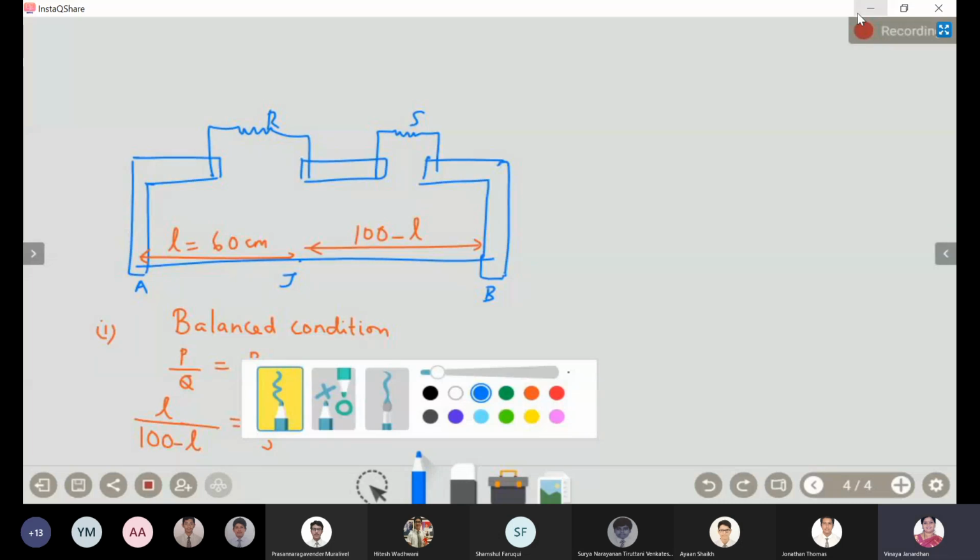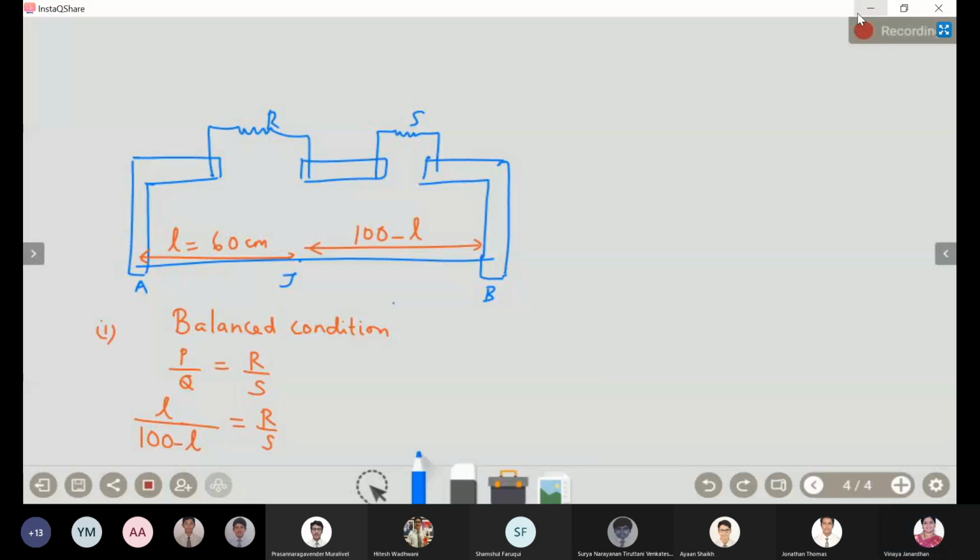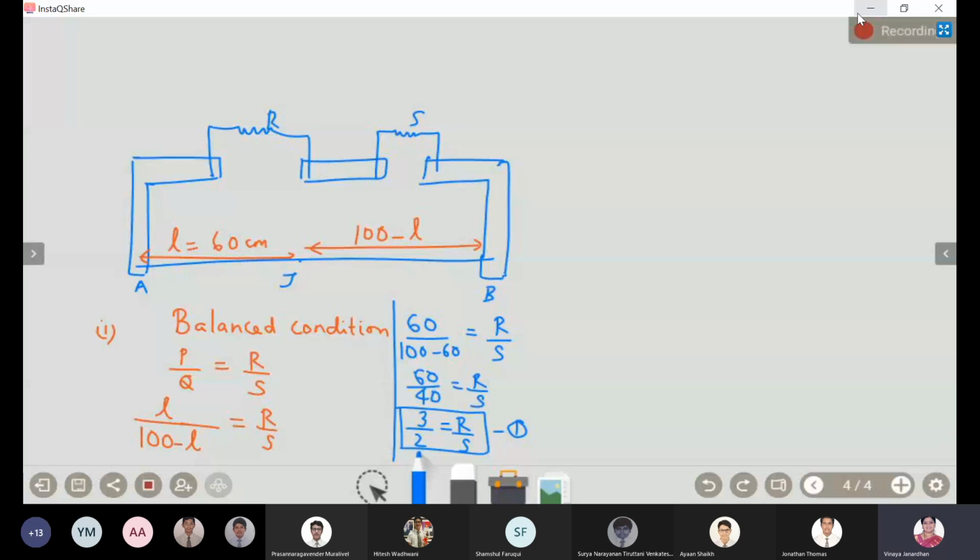L is 60, so 100 minus L is 40. So 60 by 40 is equal to R by S, or 3 by 2 is equal to R upon S. Mark this as equation 1.